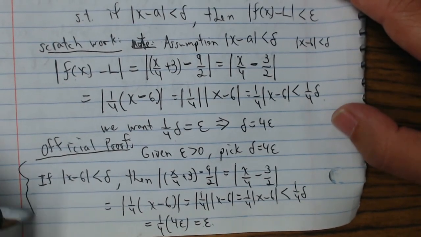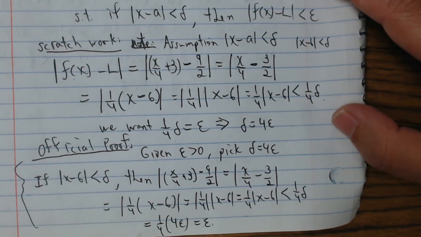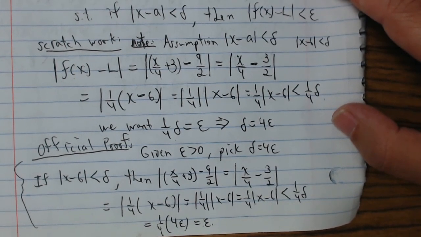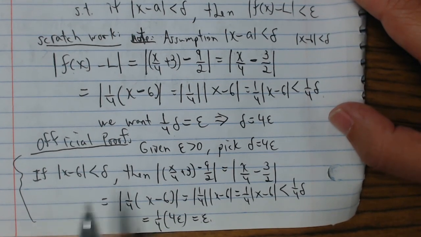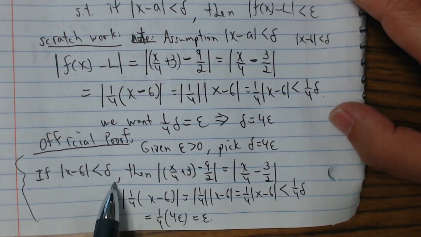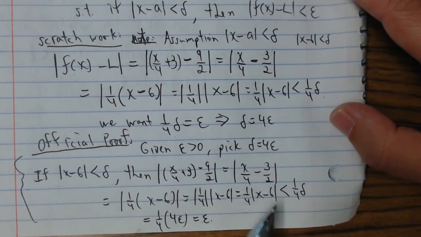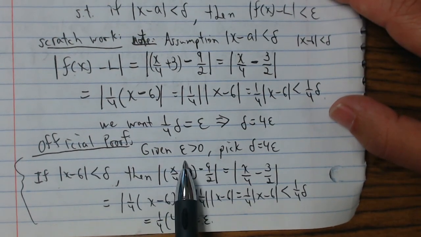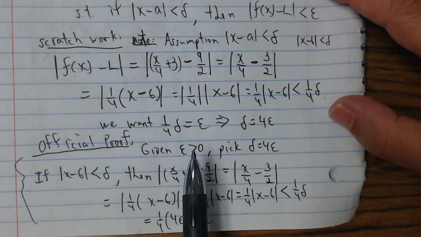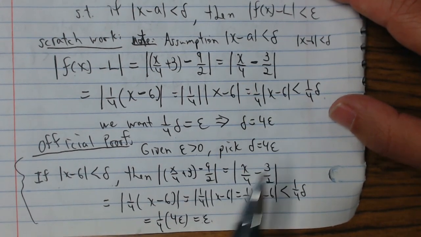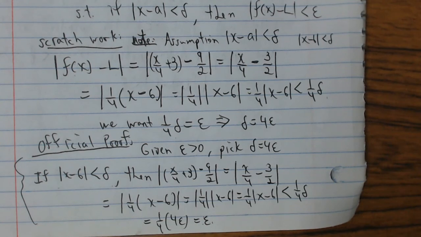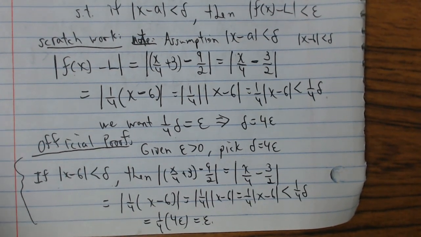Your official proof, if you look at it, 90% of it is just your scratch work put back together, okay? But you need to make sure that you state this: if the absolute value of x minus 6 is less than delta, then you show that the absolute value of f of x minus L is less than epsilon, and then you're basically done. And it's also important to state that epsilon is a positive number, and delta is 4 times epsilon. Okay, so that basically takes care of the precise definition of a limit.